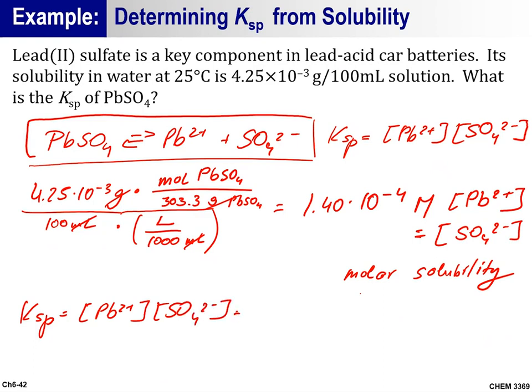So that's going to be 1.40 times 10 to the negative 4 squared. So it's 1.96 times 10 to the negative 8. You can do these calculations in the opposite direction, right? You can calculate the molar solubility if you know the KSP.